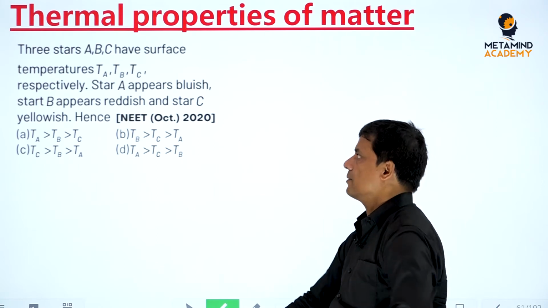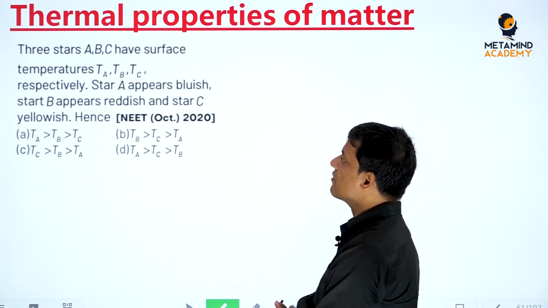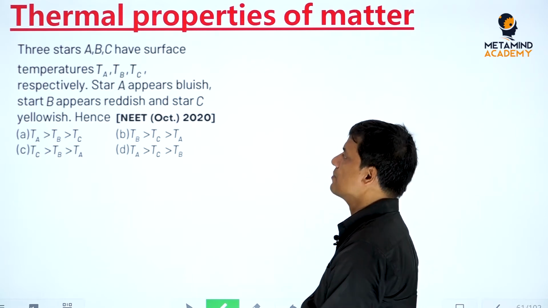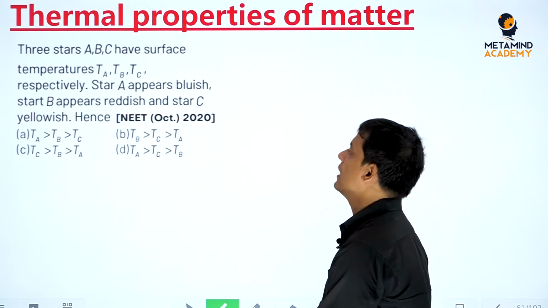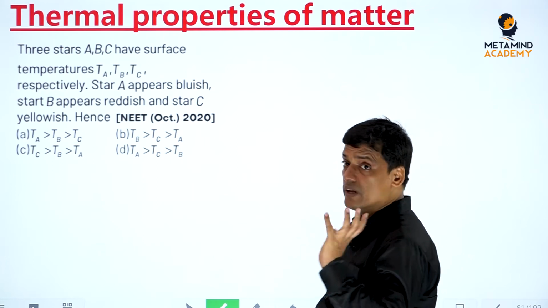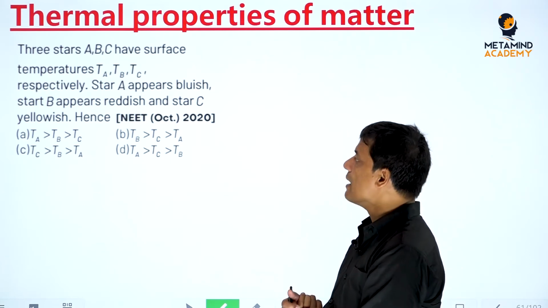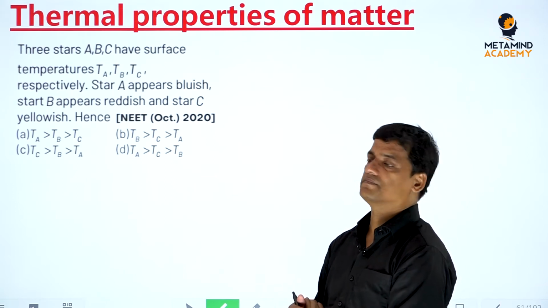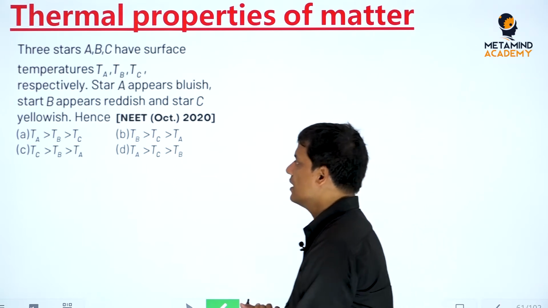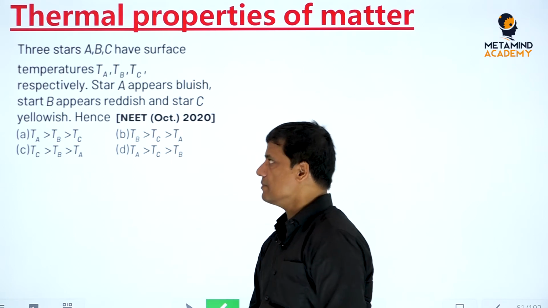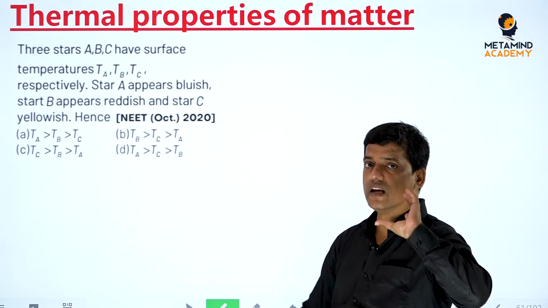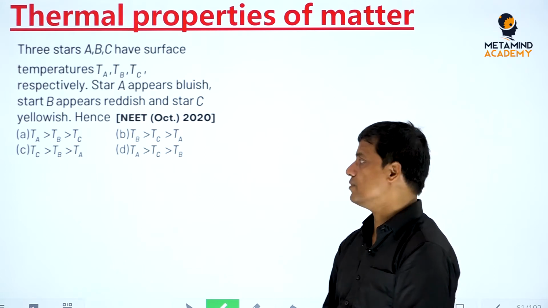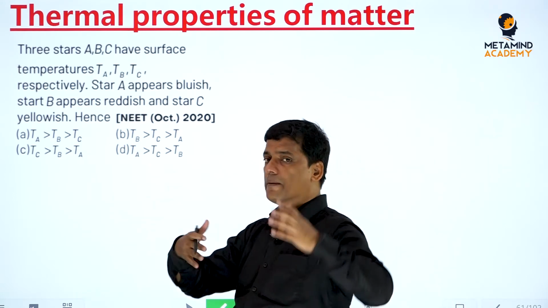Three stars A, B, C have surface temperatures TA, TB, TC respectively. Star A appears bluish, star B appears reddish, and star C appears yellowish. Hence, which is the valid combination? By seeing the color of the star, you are supposed to tell the temperature order.